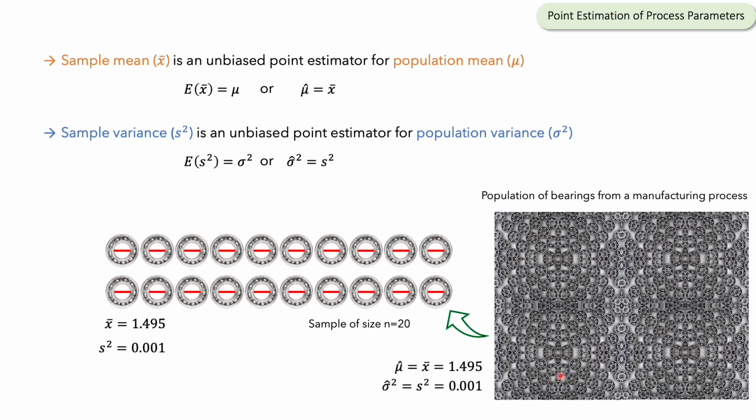Similarly, the variance in the inner diameters of all of these bearings is estimated by the sample variance we calculated from a sample of n equal to 20 ball bearings. It is equal to that one.